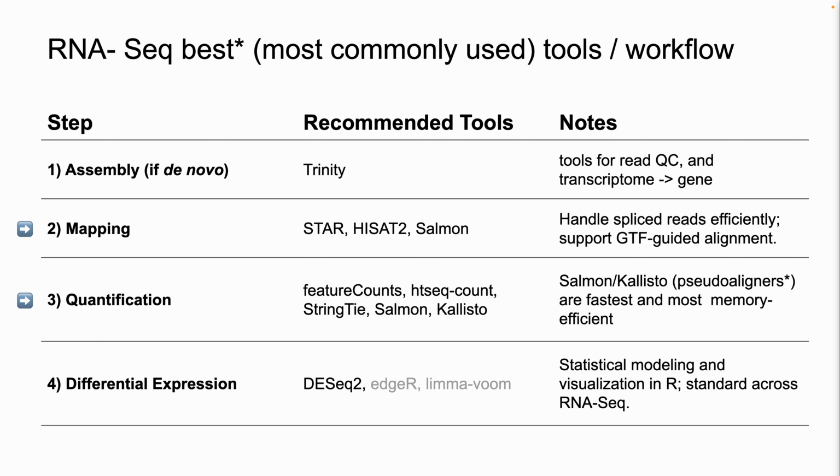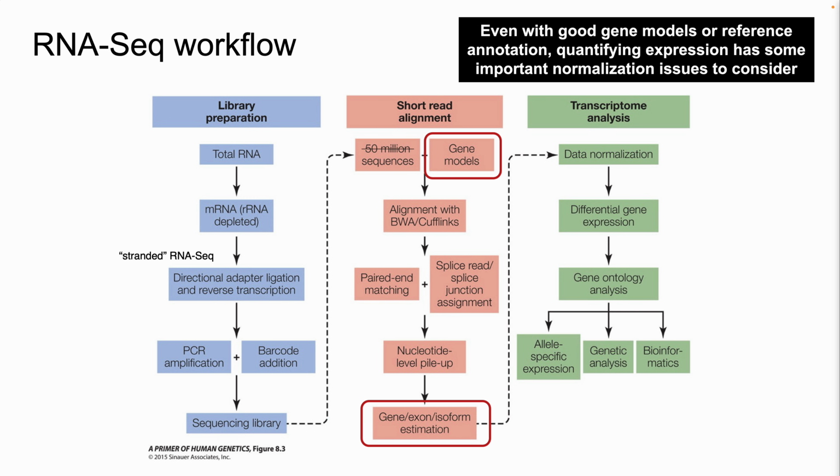So let's move to mapping and quantification. We've got gene models now. Looking at our overall workflow and pipeline, you need the gene models in order to go map, and then you're also going to need the gene models to do the quantification.